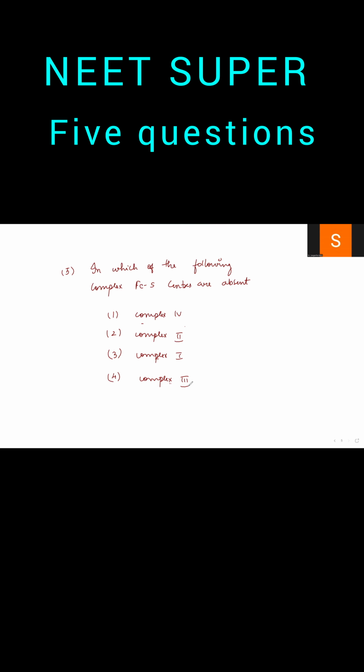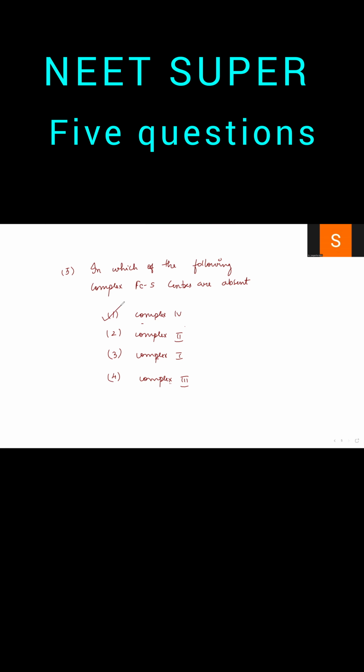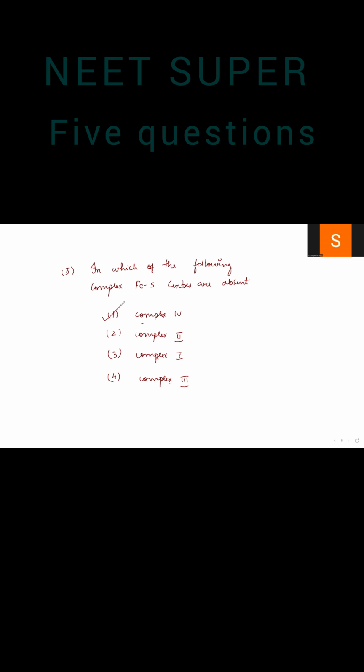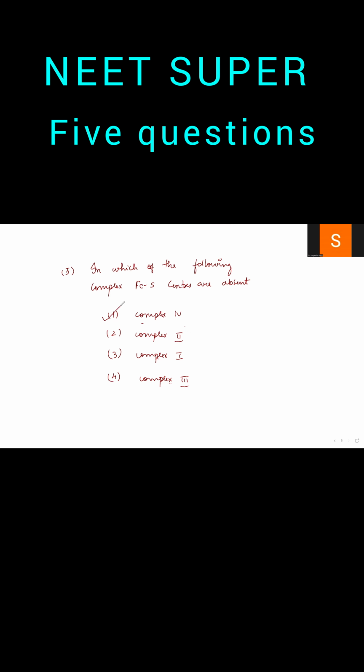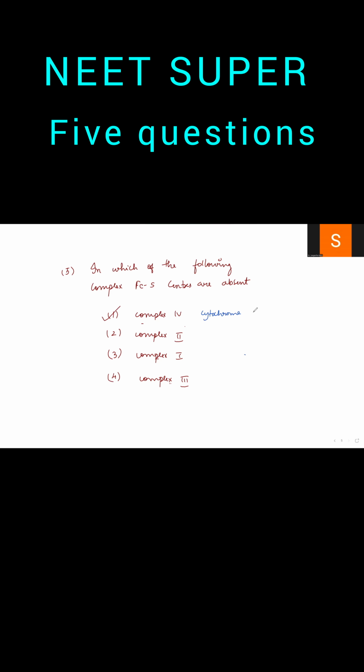Here we can say that the iron center is absent in complex 4. Complex 4 is otherwise called cytochrome oxidase, and it does not have any iron center.